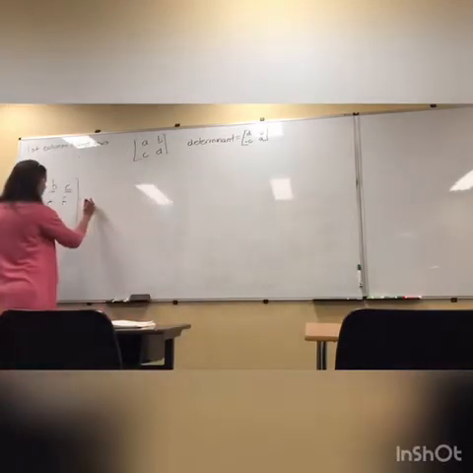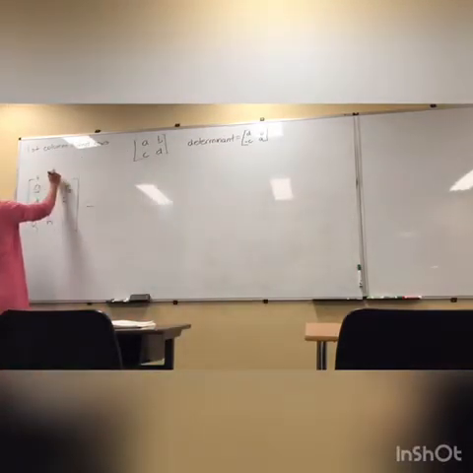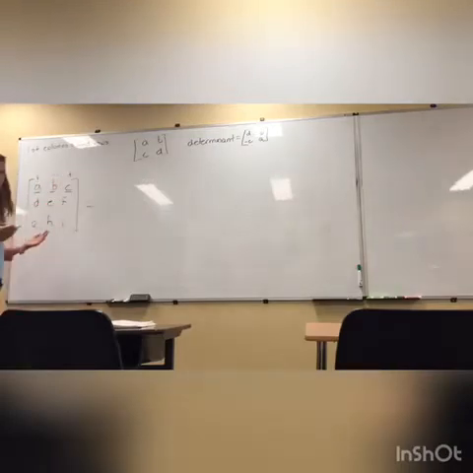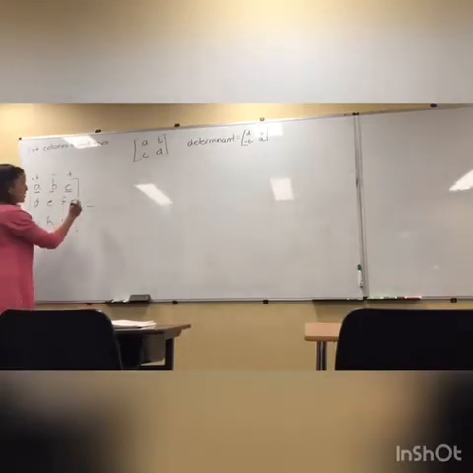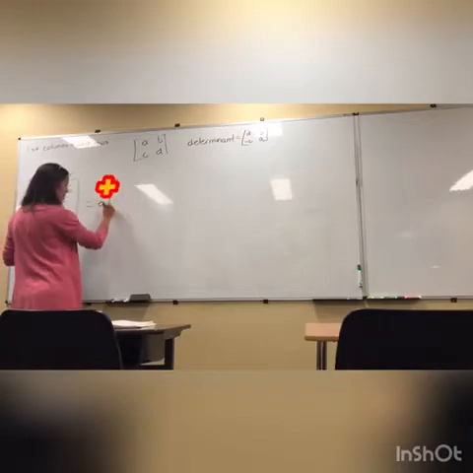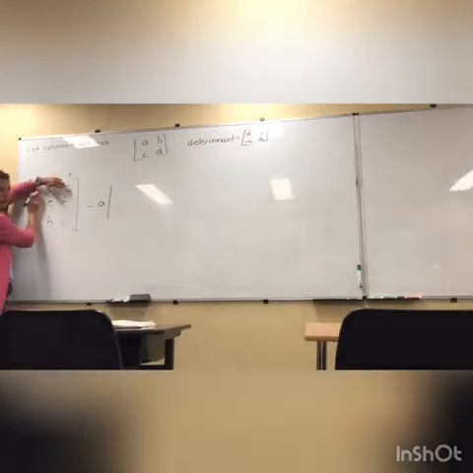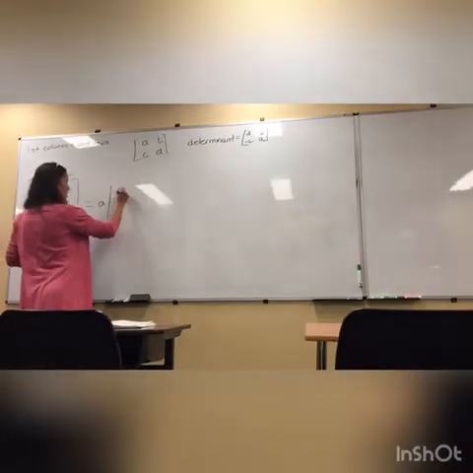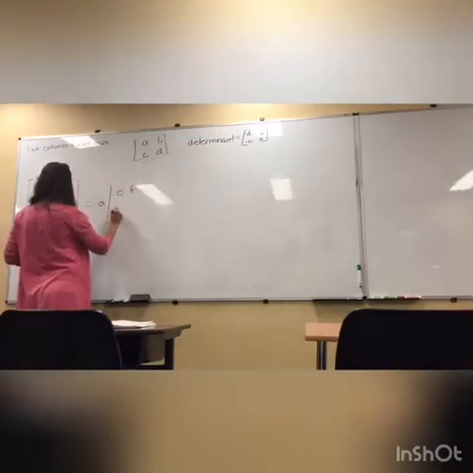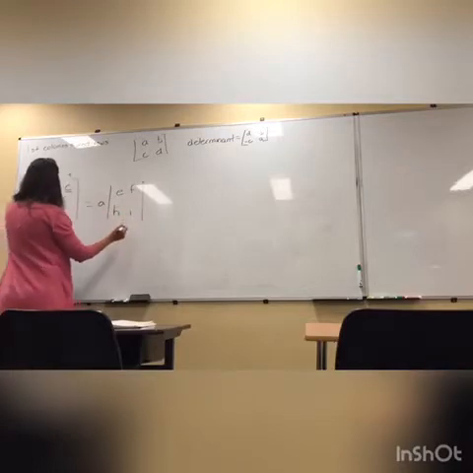So when we do it, we're going to use this guy plus, this guy minus, this guy plus. So that's easy because they're alternating, right? So the first guy I'm going to do is A. Then all of A is multiplied by what's left when I take out the row and the column of A. So that leaves E, F, H, I. Now remember, B is minus.